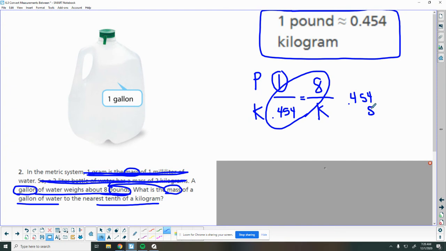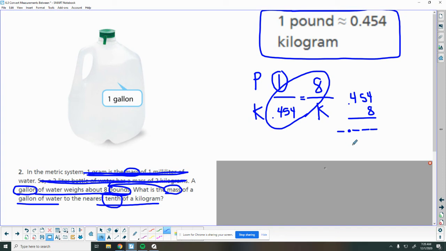And now after we do this, this will give us, so I can see when I do 454 times by 8, it's going to have a decimal 1, 2, 3 places over. You're going to have 4 digits in your answer, and the decimal is going to be in the 3rd place over. Then our final answer just wants it to the nearest tenth.